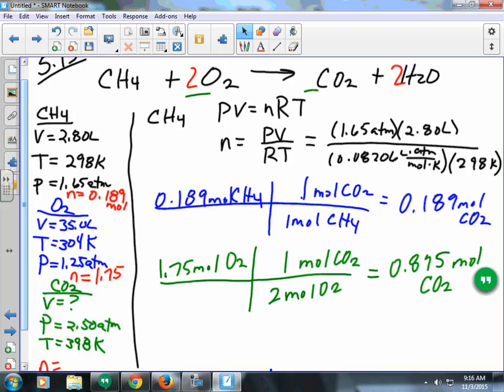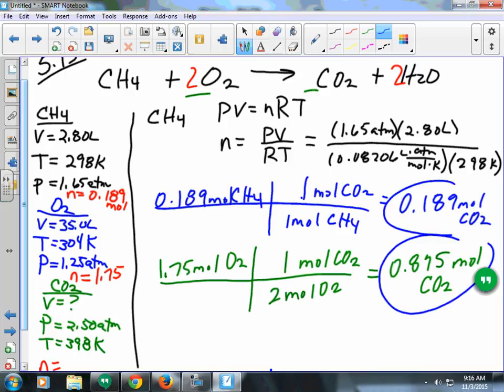If we had plenty of everything else, 1.75 moles of oxygen would produce 0.875 moles of CO2. Right? Well, which one is the least?